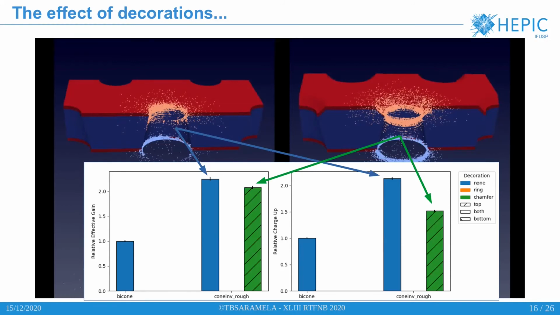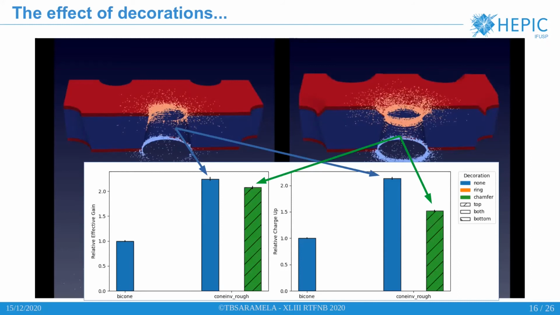But on the right, we have that charge-up effect that I talked about earlier, and it's also 2 times higher. The proportion of the charge that gets trapped is doubled also.